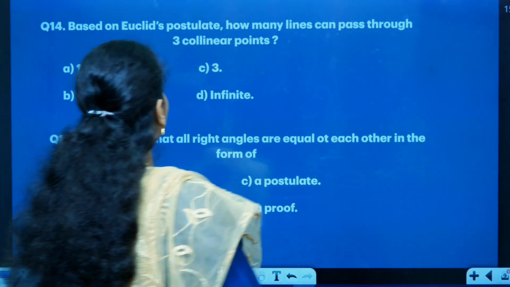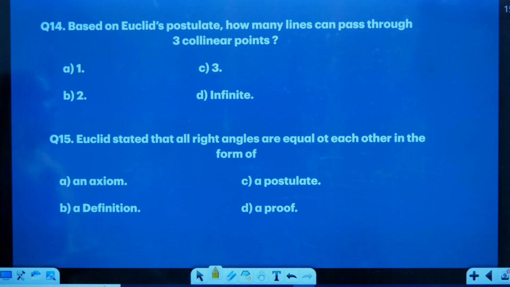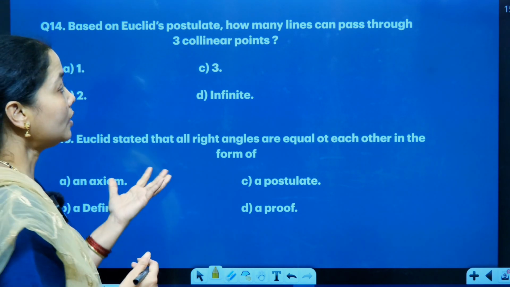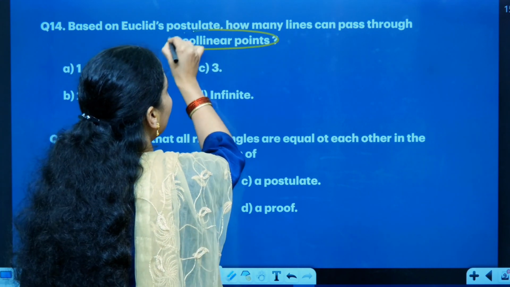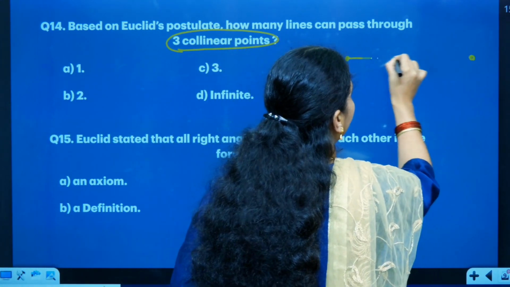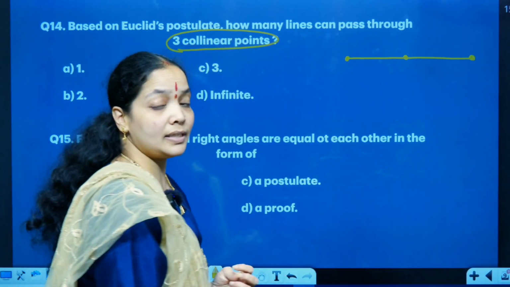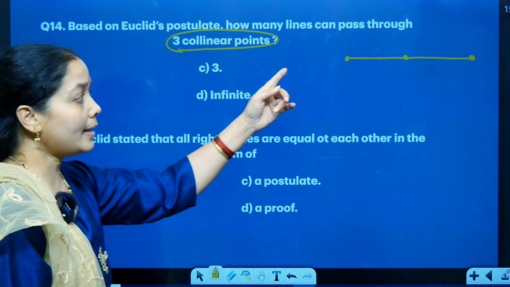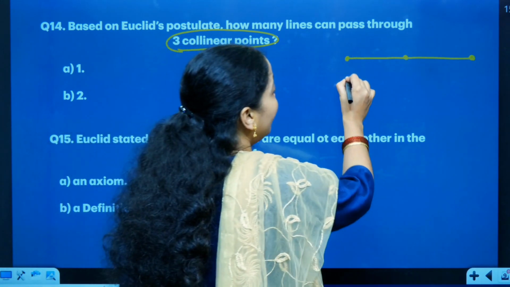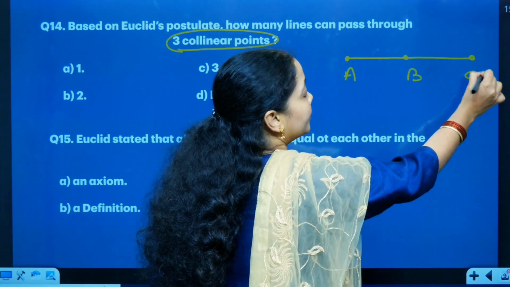Then the 14th one, based on Euclid's postulate, how many lines can pass through 3 collinear points? What are collinear points? Collinear points are those points, if I have 3 points like this, and if I draw a line between these 3 points and am able to form a straight line, I call the points A, B, C as collinear.